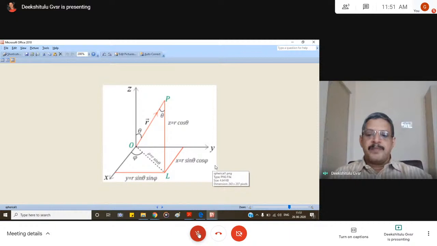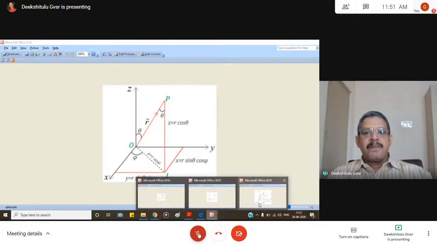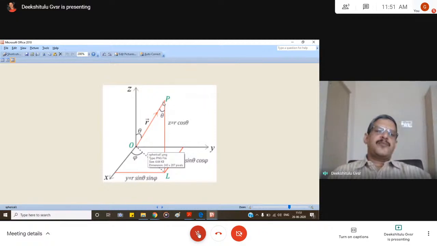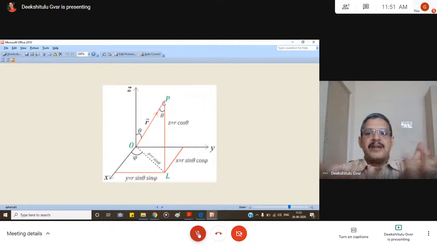If you completely rotate these things, what are the limits of r, theta and phi? r changes from 0 to whatever you fix it, theta changes from 0 to pi, and phi changes from 0 to 2 pi, then the point generates the complete sphere.